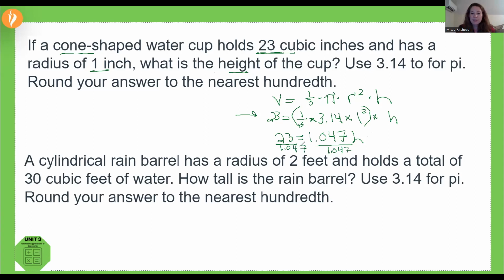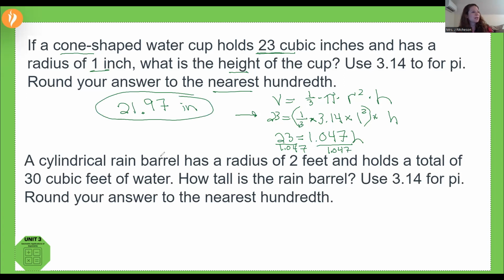So in my calculator, I'm typing in 23 divided by 1.047, and my answer is about 21.97. It says round to the nearest hundredths, so I'm going to round to 21.97, almost 22 inches tall. That's the height. Okie dokie.